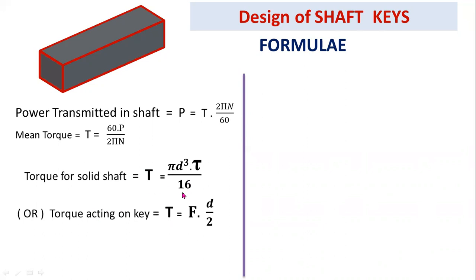Torque T equals pi d cube by 16 into tau for a solid shaft. This formula is also used for design of keys. Torque acting on the key: torque T equals the tangential force acting on the key into d by 2, which is the radius of the shaft.